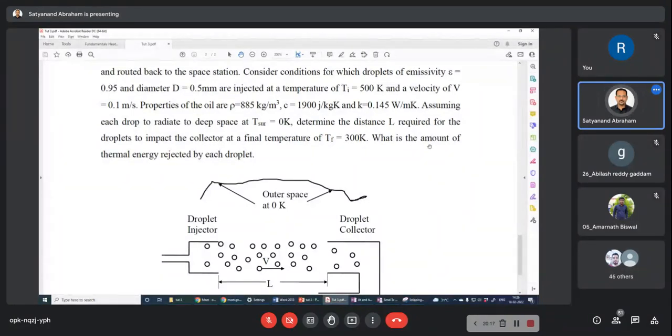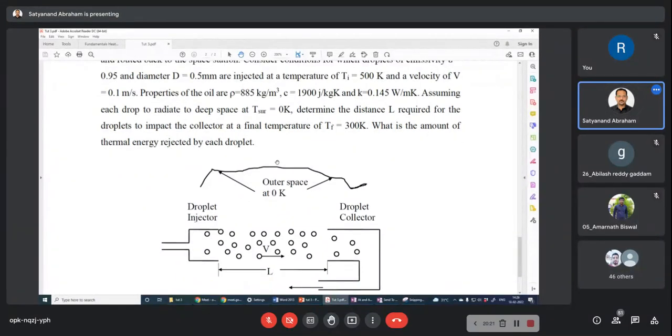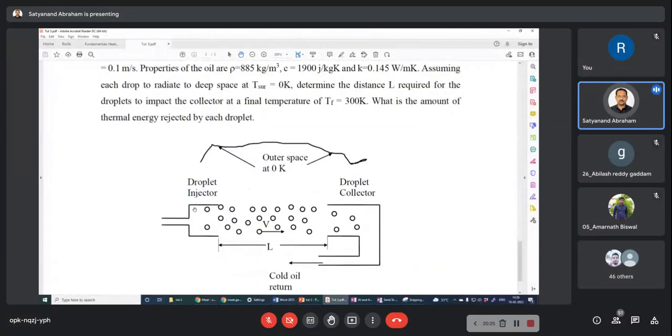What is the amount of thermal energy rejected by each droplet? So we need to do two things. I assume you got the idea: droplets are being made, and once made, the temperature is 500 Kelvin. Our requirement is that by the time it reaches the other end, the temperature should be 300 Kelvin.